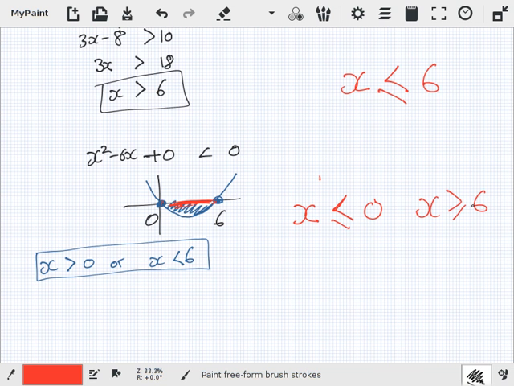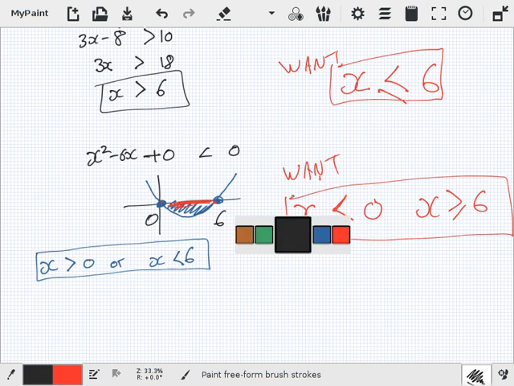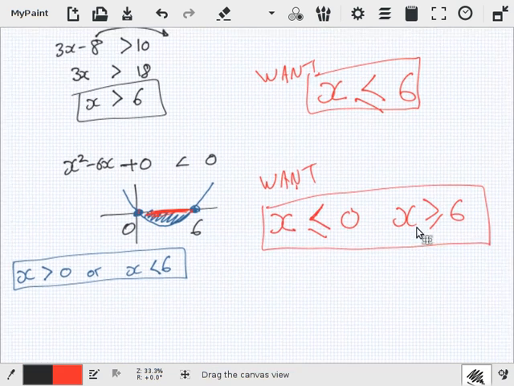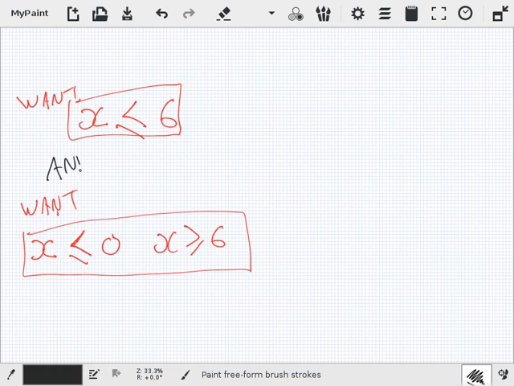Yeah? Okay. So far as this is okay. So we want this x less than or equal to 6, and we also must have this. Okay, now the final part. How do we put these two together? So I'll draw a picture here to help. So I want this and I want this. X in the middle.